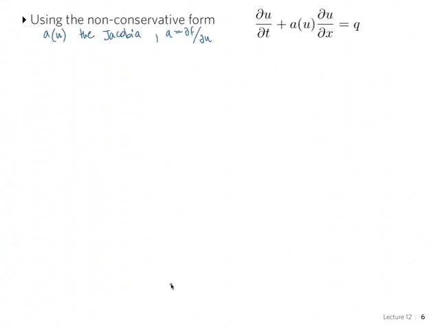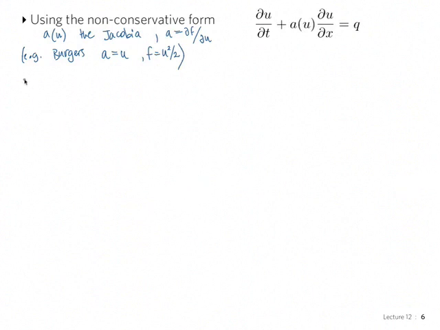It's a 1D example. For example, in the Burgers equation, we had A equal to u, with f equal to u squared over 2. So now we're writing a general case here.